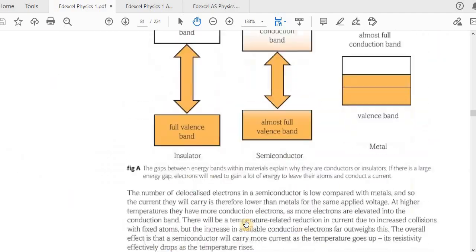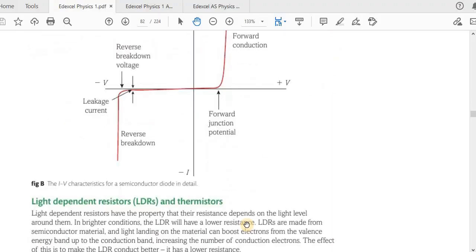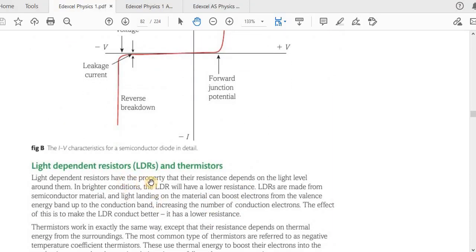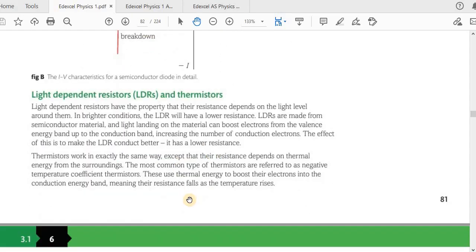Now we are here. Light dependent resistors are resistors whose resistance depends on the intensity of light falling on them. So I think we saw some pictures of light dependent resistors and also thermistors. Thermistors are resistors whose resistance depends on the temperature. In the case of LDR or light dependent resistors, when the amount of light falling on it increases, the resistance decreases.